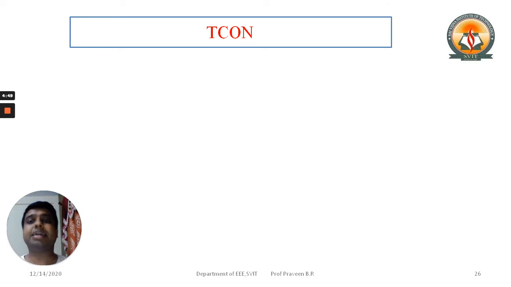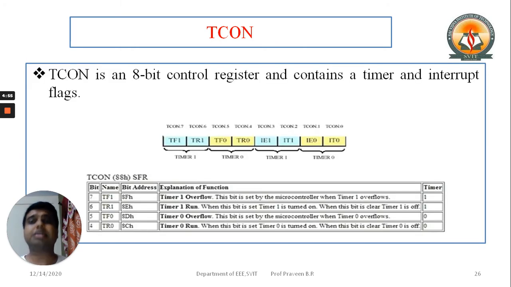TCON indicates timer control. What does this register do? It is going to control the interrupt pins as well as the timers that are present and the interrupt flags. What are the flags that are there? One is the overflow flag, and one is the run flag, for both timer 1 and timer 0.